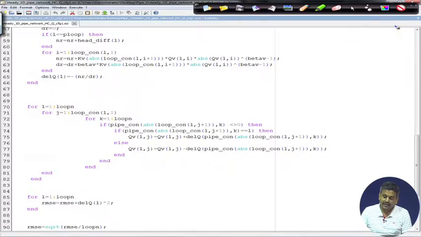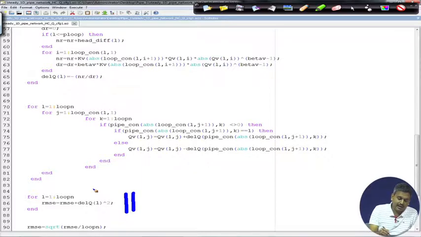Obviously, in this case we need to calculate the RMSE value. What is this RMSE? I have already set RMSE equals 0. So, RMSE equals RMSE plus del QL to the power 2. So, I am taking the square of all discharge or increment values there.